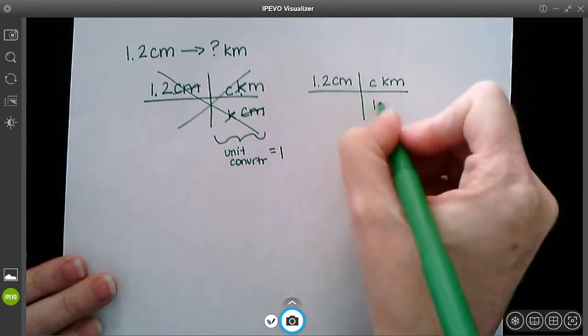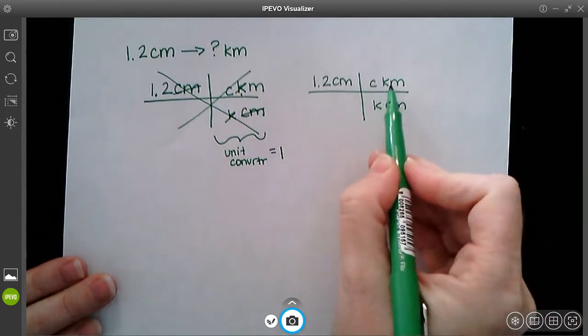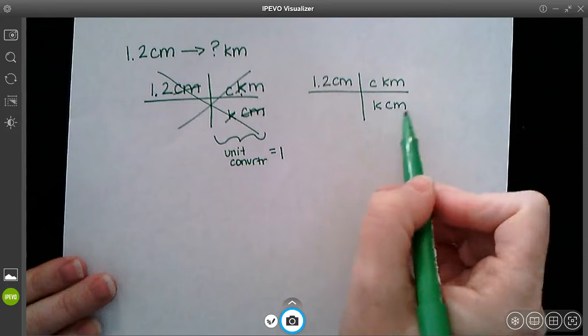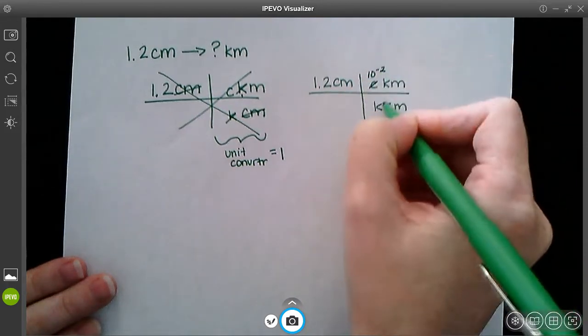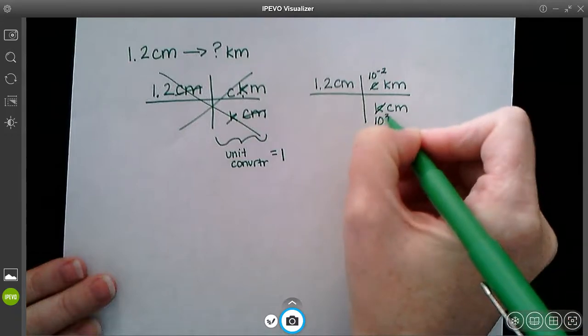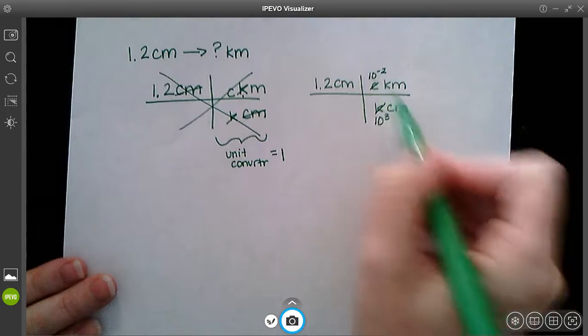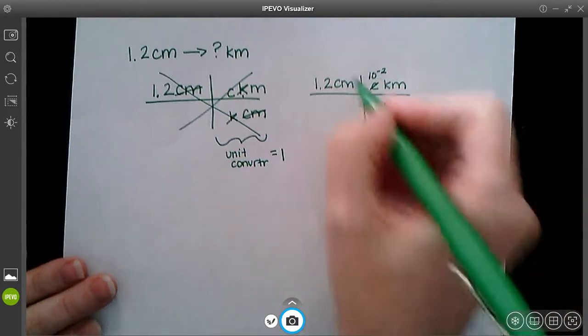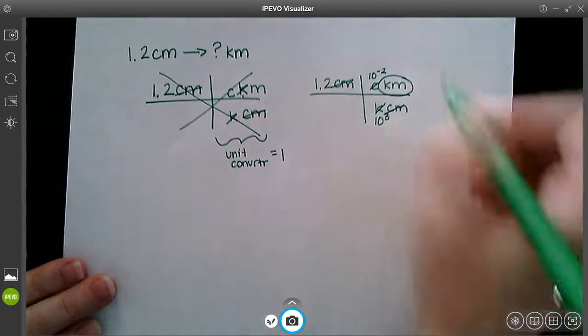Technically, this has the same thing on top and bottom. It's got centi times kilo times meters, kilo times centi times meters. Centi means 10 to the negative 2, and kilo means 10 to the third. I've now written kilo on top and bottom and centi on top and bottom, but my units can cancel, and I'm left only with kilometers, like what I want.